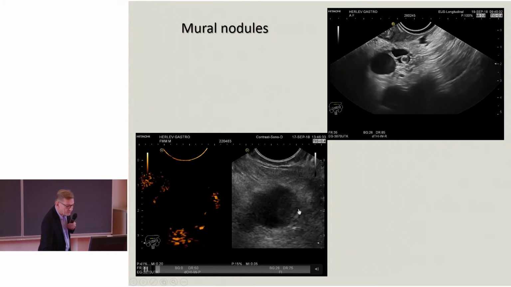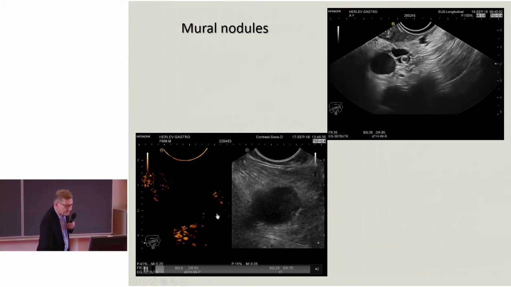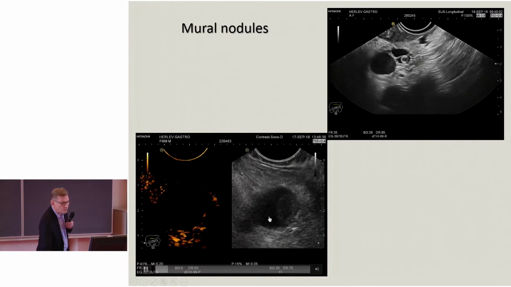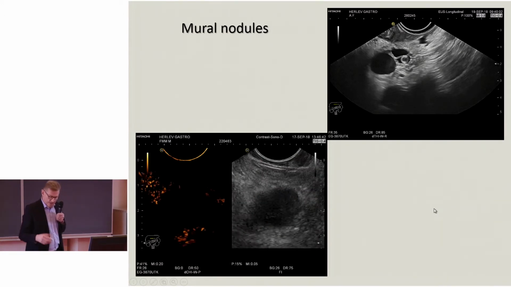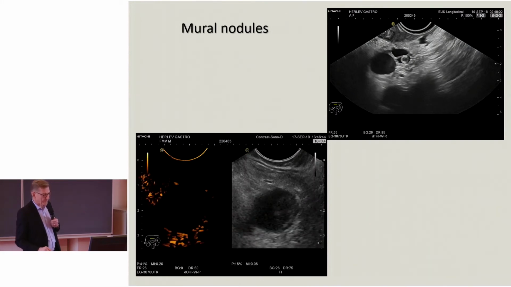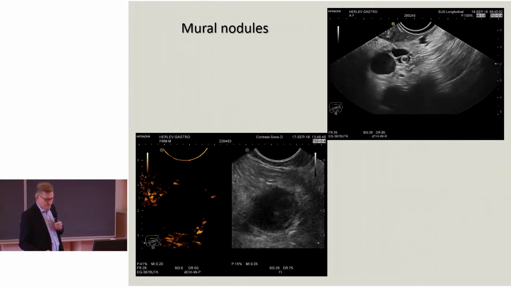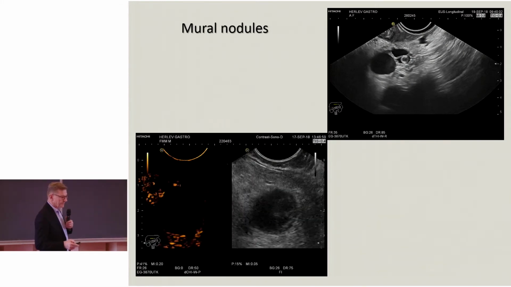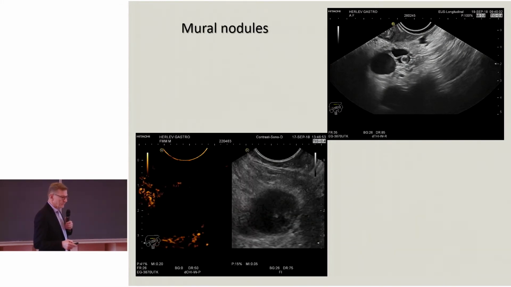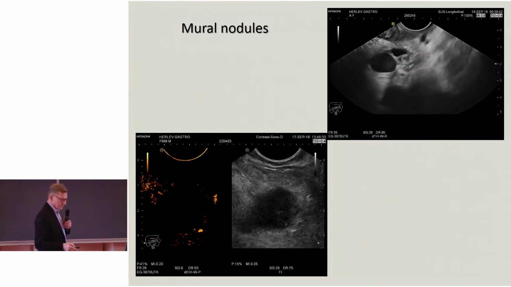There is a mural nodule here, and there is no flow whatsoever in this part. So I think these patients should undergo this whenever there is this suspicion, and the patient might go further for surgery.